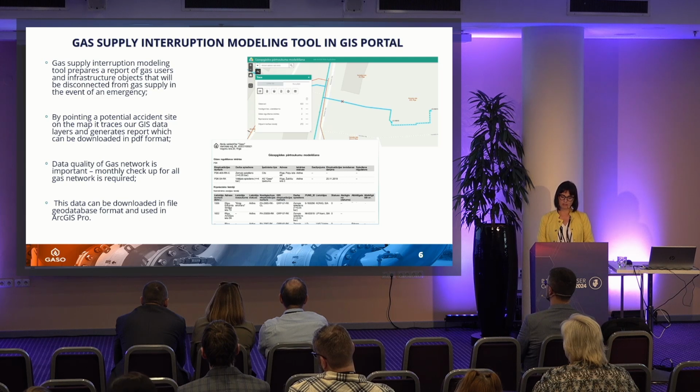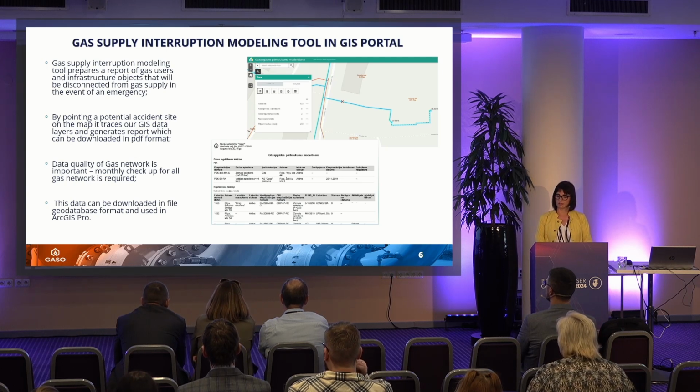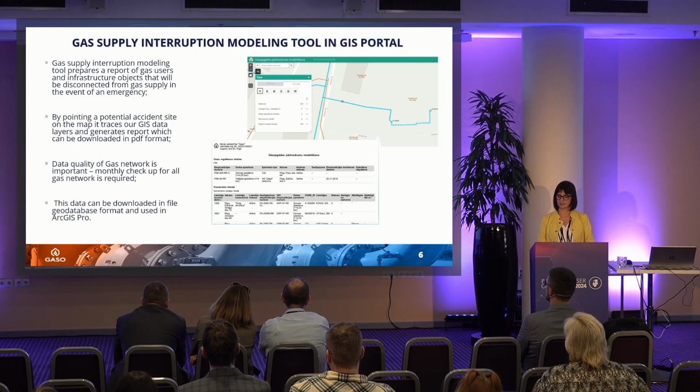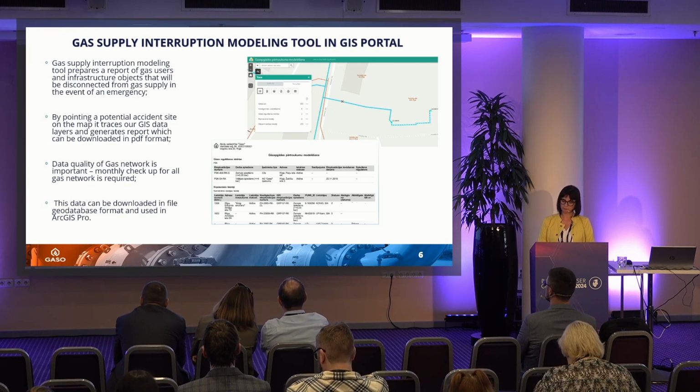It generates a report after tracing the network, and it consists of gas valves that must be shut down, affected regulation devices, and customers who will also be affected by this accident.